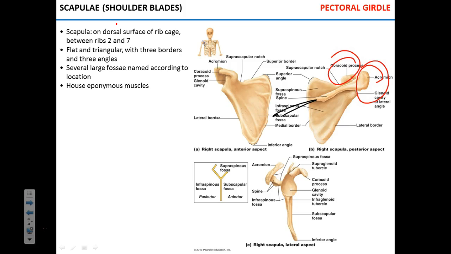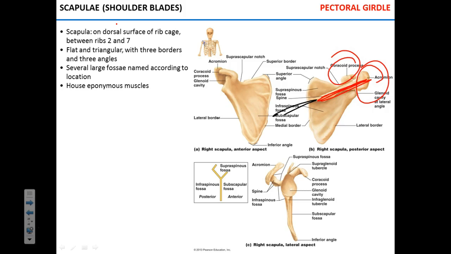Now, why can it not be this way? Because the spine of the scapula always faces backwards. Okay? It's another site of attachment for the large muscles. Does that make sense?